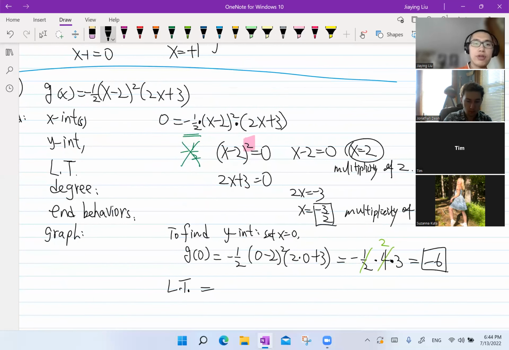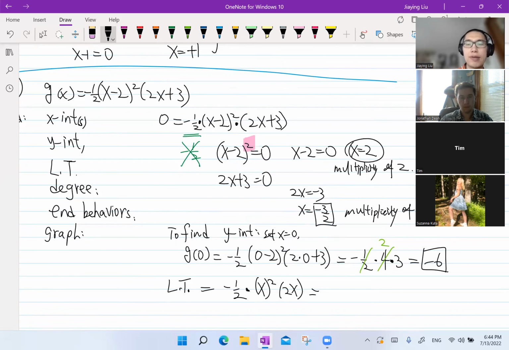So all the coefficients, including any coefficients in front of all the factors. We have -1/2, that's a coefficient, times the first x part, which is x in the first parentheses with a square. The next x part is x, but there's a coefficient 2 in front of it, so 2x. If we multiply all of those together, we get the leading term.